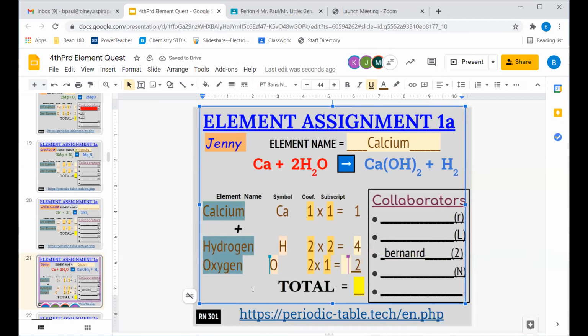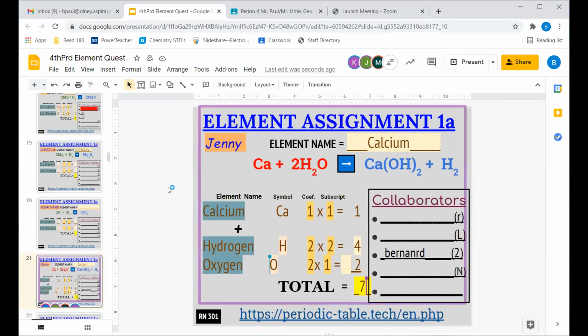Alex, can you tell me the total number of atoms we found, I think? Alex? What is it? 7. Okay. Excellent. Great job.